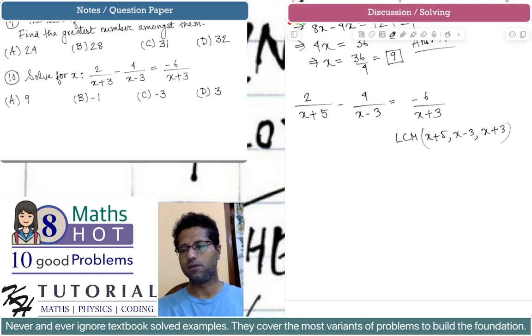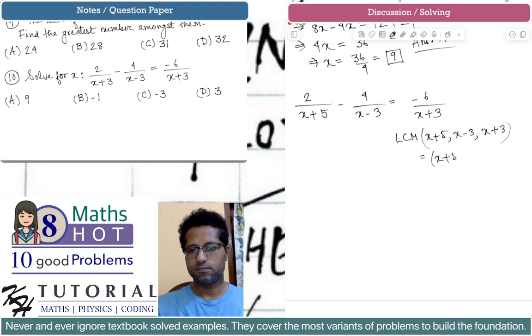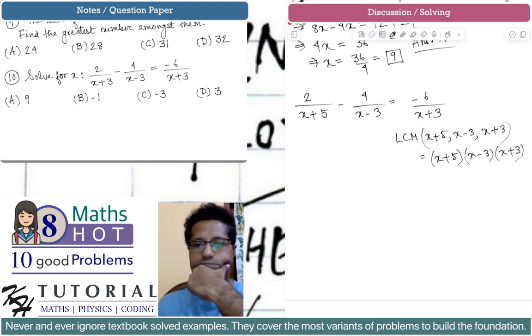The LCM will be their product, that is x plus 5 multiplied by x minus 3 multiplied by x plus 3. So this is the LCM. Now I would like to multiply both the sides of the given equation by this LCM.